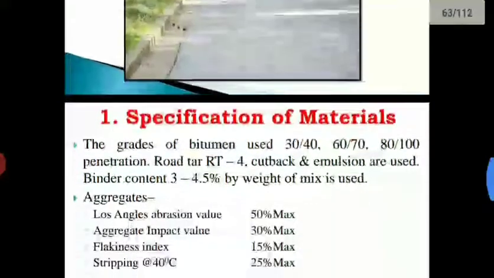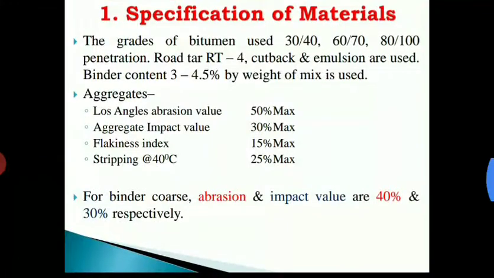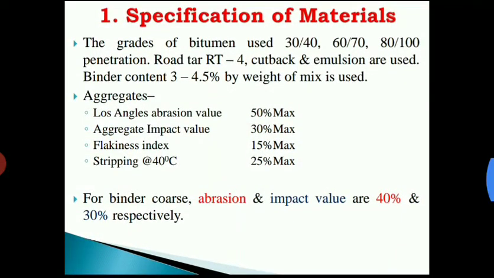Okay, and here the specifications of materials required to construct this bituminous macadam layer. The grades of the bitumen which is used are 30 by 40, 60 by 70 and 80 by 100. So these are the different grades of the bitumen. We have already conducted the test on bitumen, that is the penetration test, and we got the penetration value there.